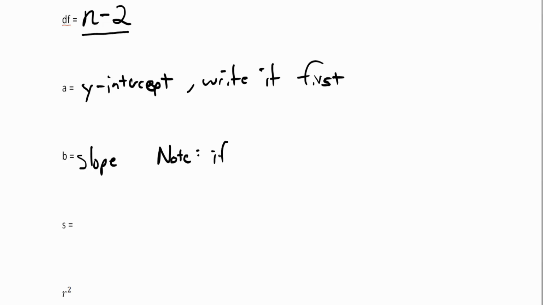Important here, note: if b is negative, use subtraction. That's a helpful thing, because the b value is either going to be positive or negative. If it's positive, use addition. If it's negative, use subtraction.